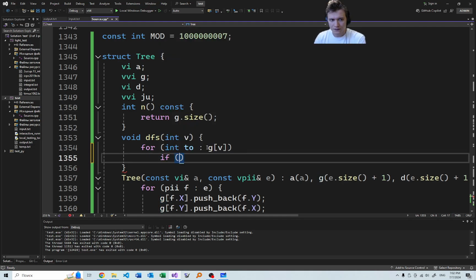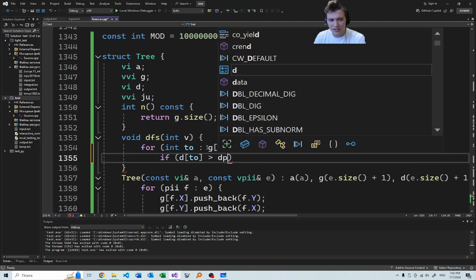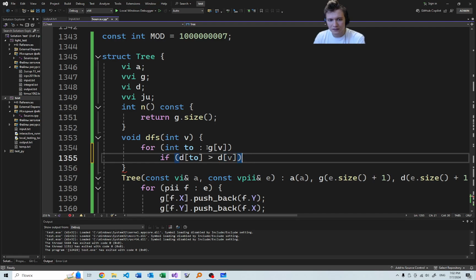So if depth of z is greater than depth of v, this means that actually we never visited this vertex in our DFS.